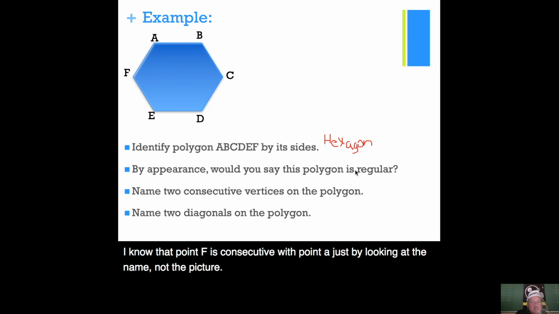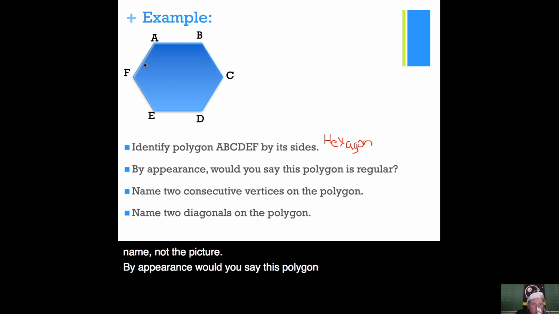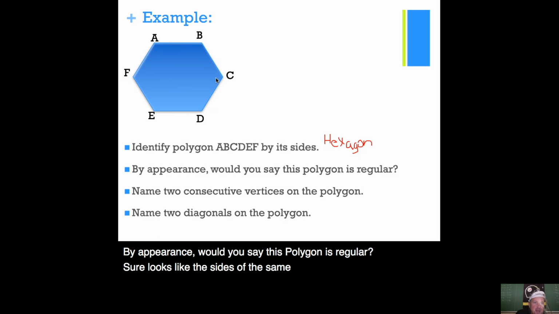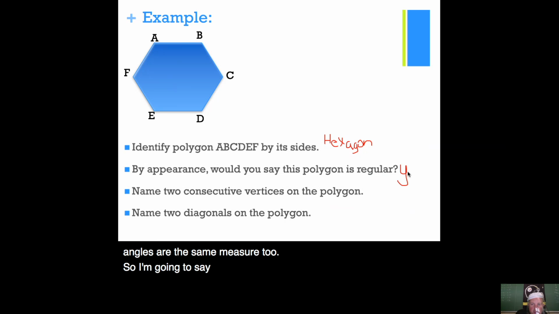By appearance, would you say this polygon is regular? It sure looks like the sides are the same length, and it looks like the angles are the same measure too. So I'm going to say by appearance, yes, it looks regular. Next question asks you to name 2 consecutive vertices on the polygon.